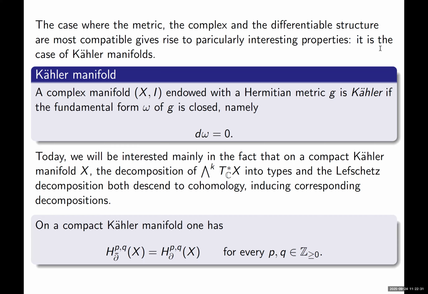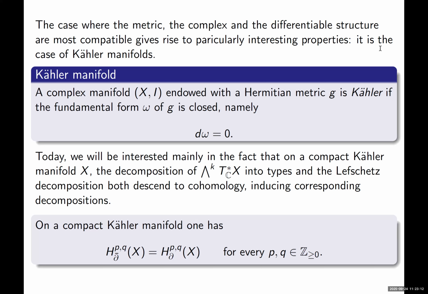And in this case, these are classical results. What happens is that the decomposition we had before for bundles descends to cohomology. So we have a Hodge decomposition of the de Rham cohomology, and we will also have the decomposition of the de Rham cohomology with respect to the primitive cohomology. Moreover, it must be recalled that on compact Kähler manifolds the spaces of Dolbeault cohomology with respect to del and del bar coincide.